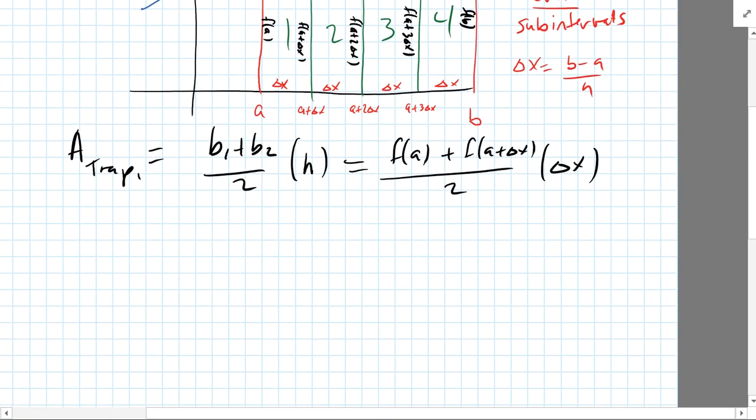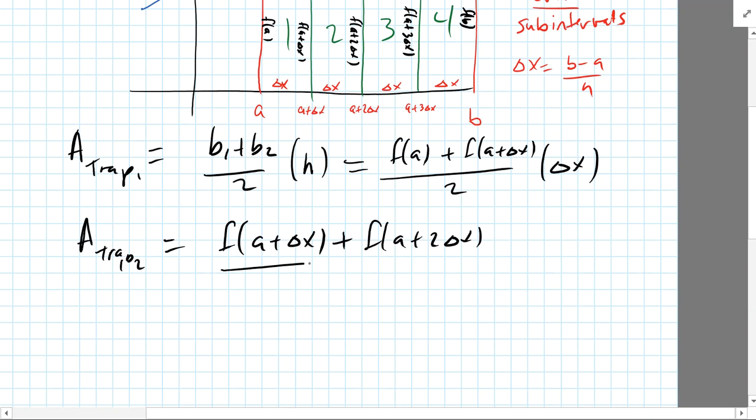Now watch. Now I'm going to do the area by trapezoid for region 2. So for this one, is it f of a plus delta x plus f of a plus 2 delta x's over 2 times delta x? Notice that I'm using that again, aren't I?